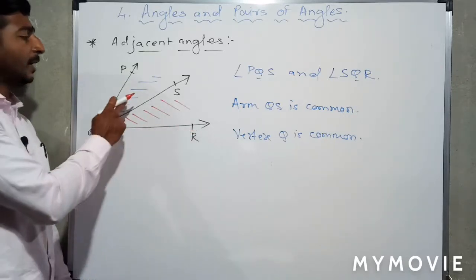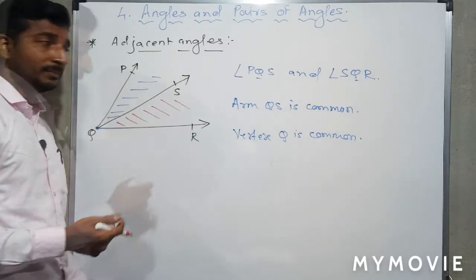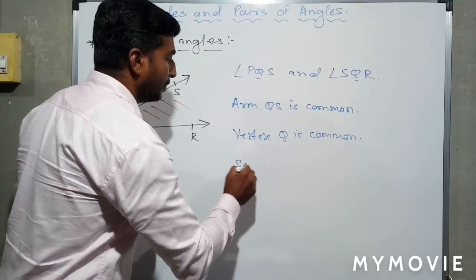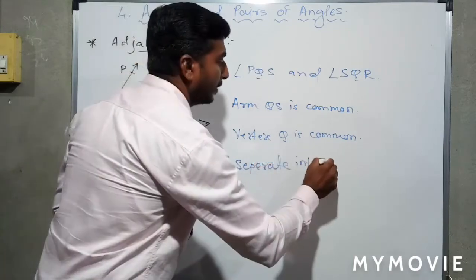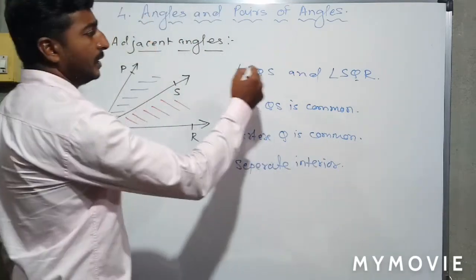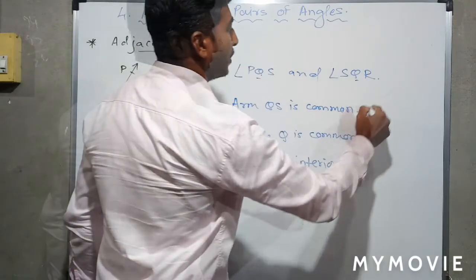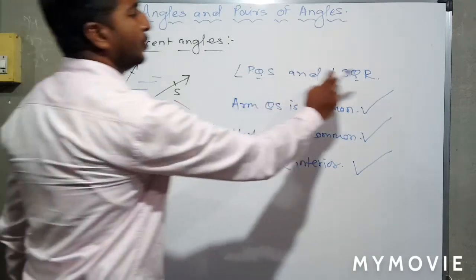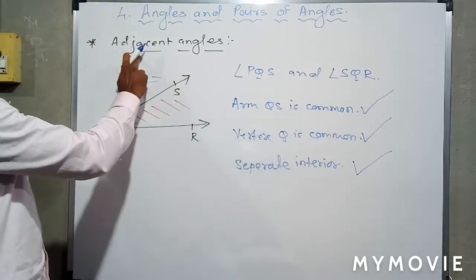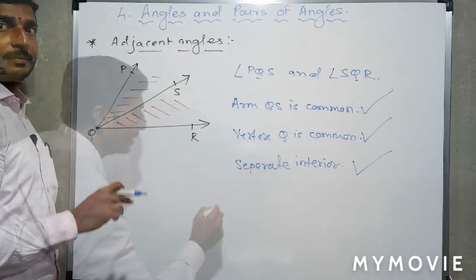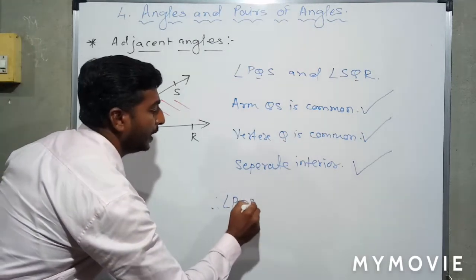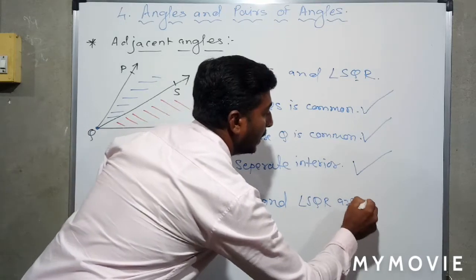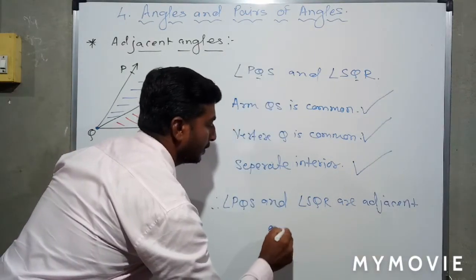You can see they have separate interiors. That is the third point. Since these two angles have a common arm, a common vertex, and separate interiors, these two angles are adjacent angles. Therefore, angle PQS and angle SQR are adjacent angles.